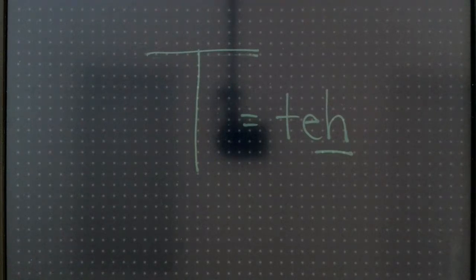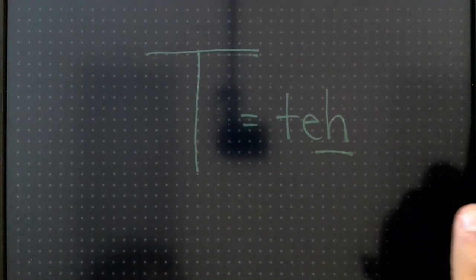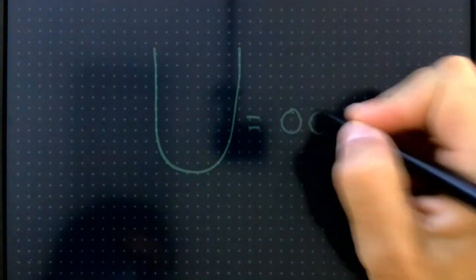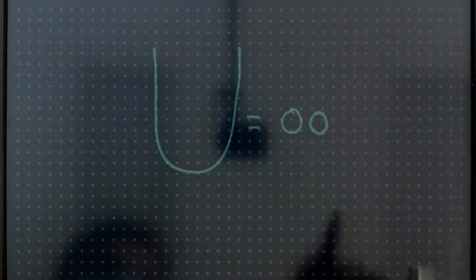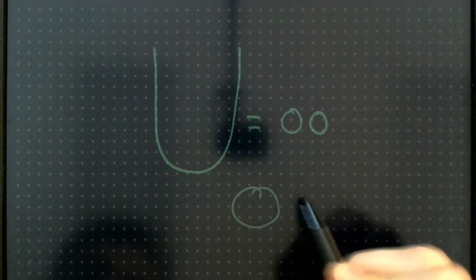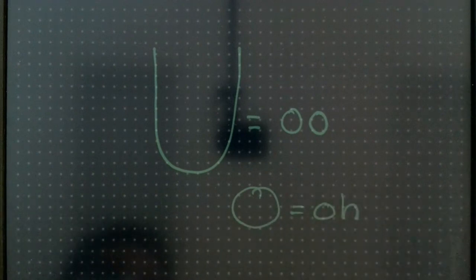Okay, our next letter is the one that I mentioned before. You gotta be very careful. I'm gonna put two O's to make that "oo" sound. So, "oo," as opposed to previously the letter O, which we pronounced as "oh."